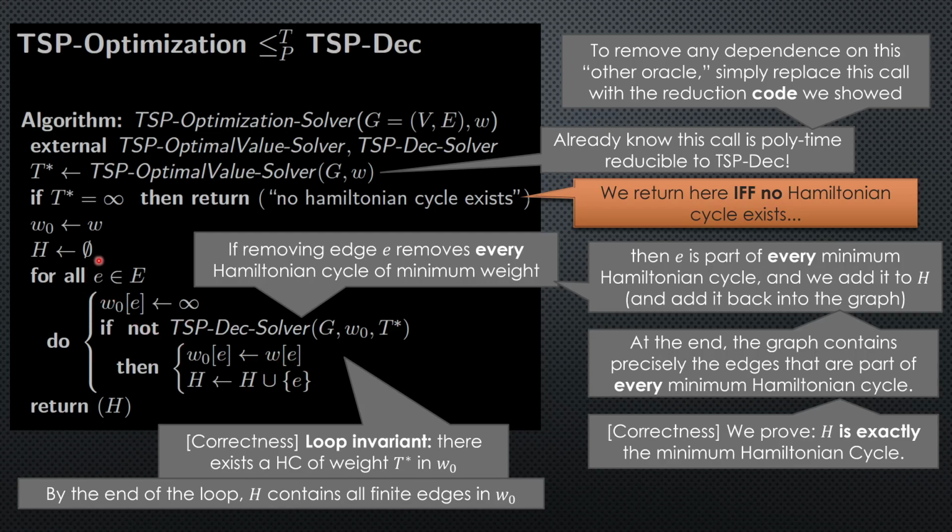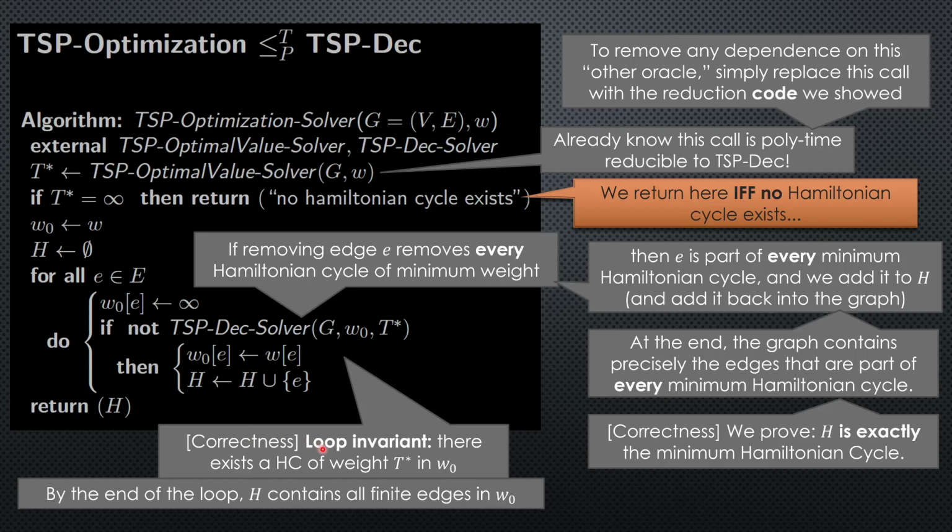So if you think about what we're doing with every edge in the graph, we're taking that edge, we're setting its weight to infinity, and it's either staying infinity if TSP decision solver returns true, or it's being set back to a finite number and being added to H. So as we go, we're either throwing out an edge, setting it to infinity, or we're adding it to H. So at the end of the loop, H is going to contain precisely the finite edges in W naught.